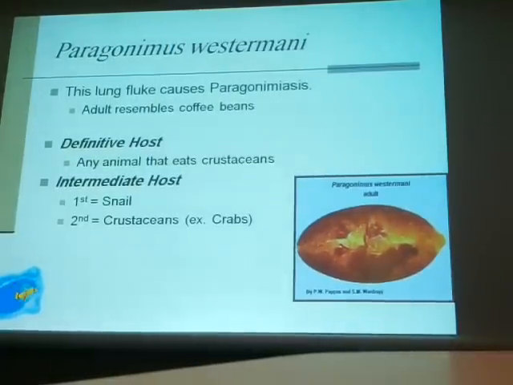As you see here, the adult looks like a coffee bean. The definitive host for this parasite is a human or any animal that eats crustaceans, for example crabs. We have two intermediate hosts for this disease.